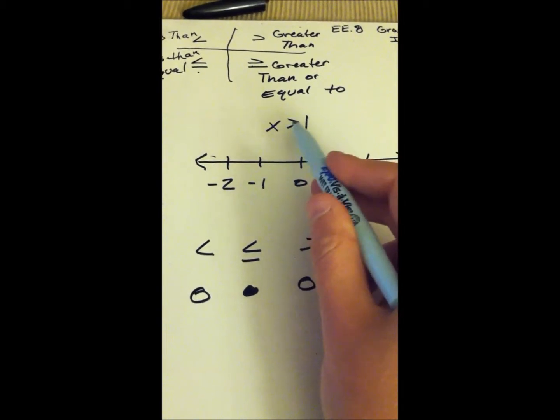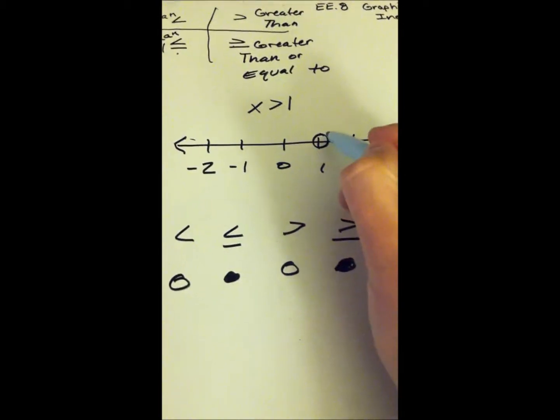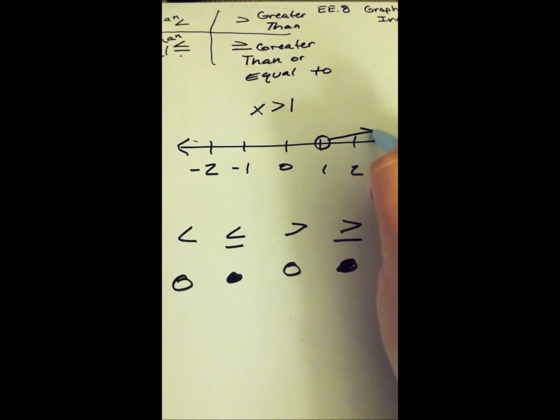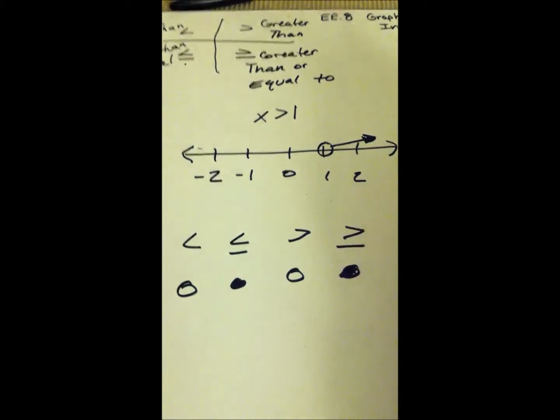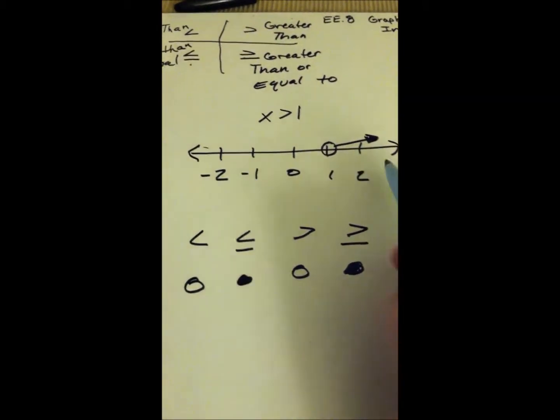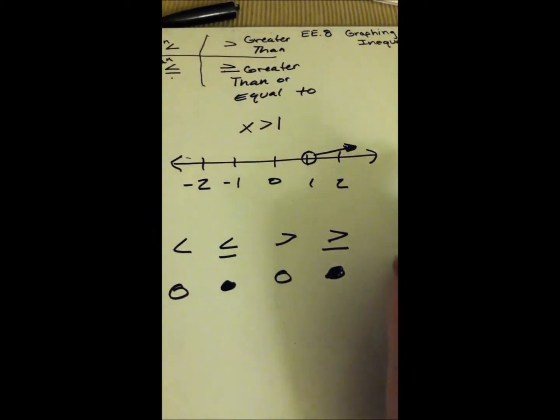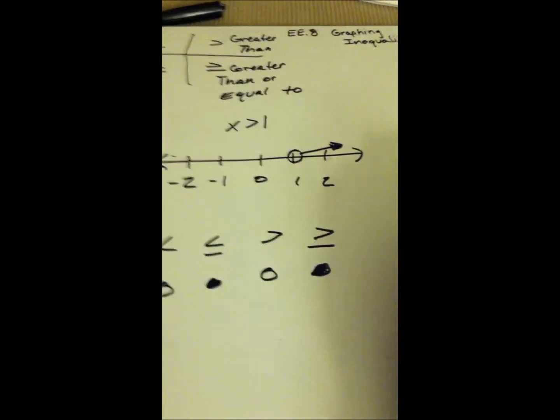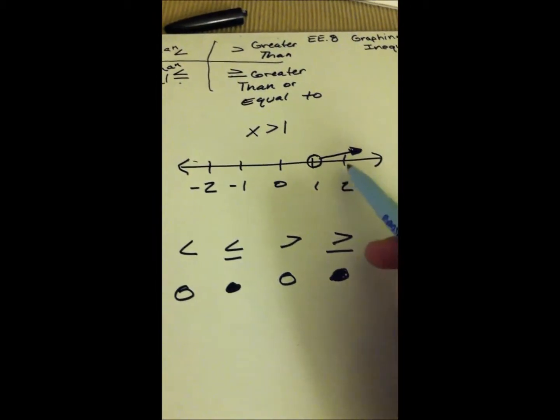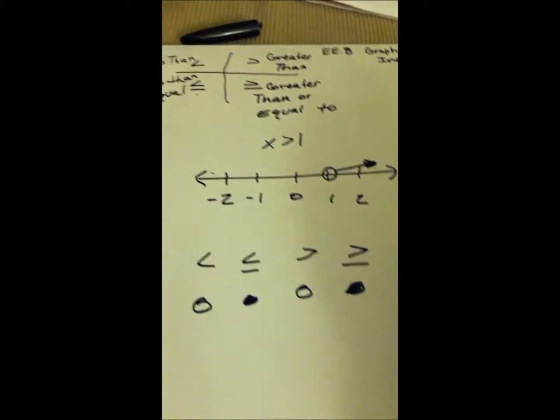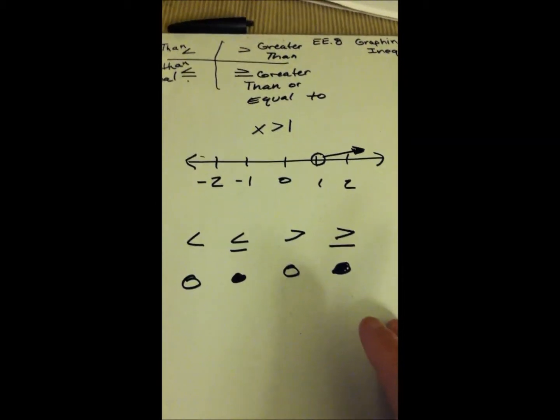X must be greater than 1. So I draw an arrow to show all the numbers greater than 1. That arrow means it goes on forever because if my number line got extended and it kept getting bigger and bigger, this arrow makes my graph get bigger and bigger as well.